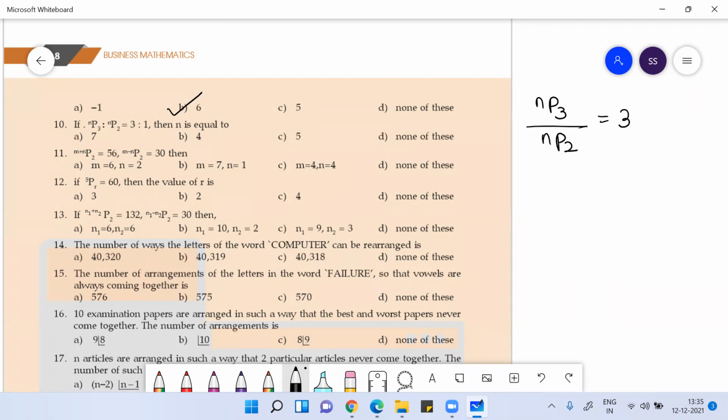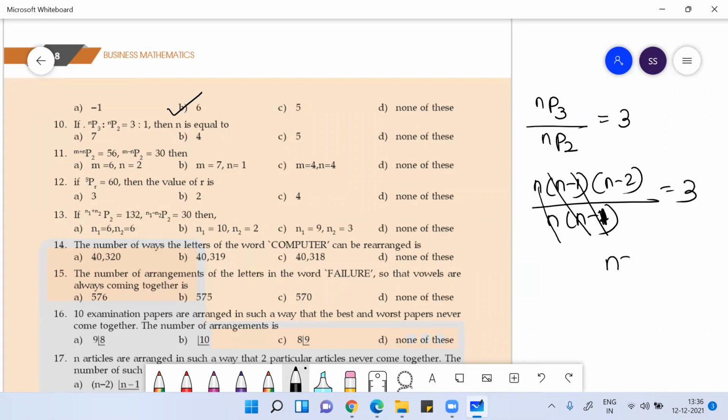What is the value of n? You can do it with options, or nP3 means n into n minus 1 into n minus 2, nP2 means n into n minus 1, and that is equal to 3. So n is equal to 5. Very simple.